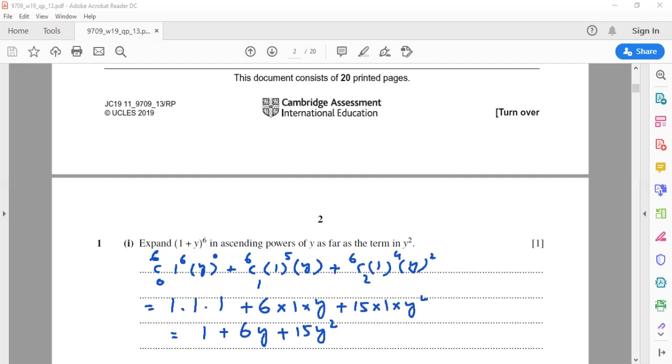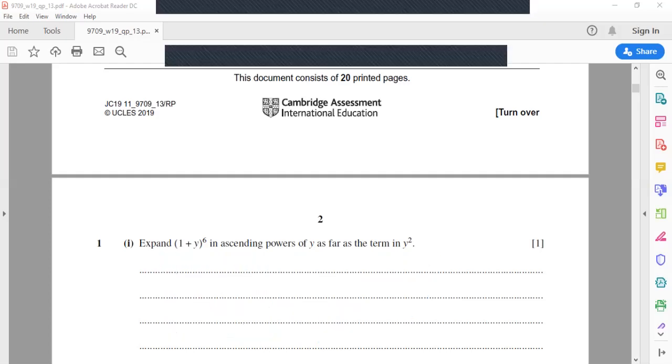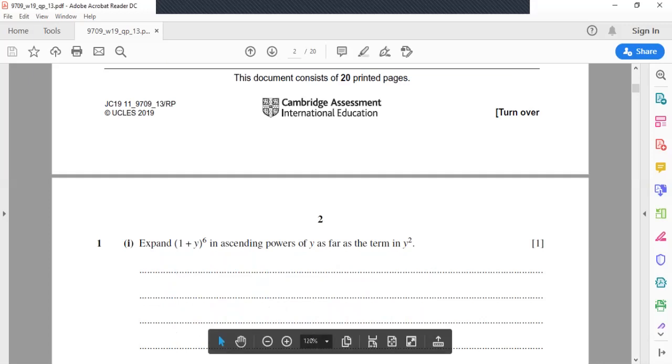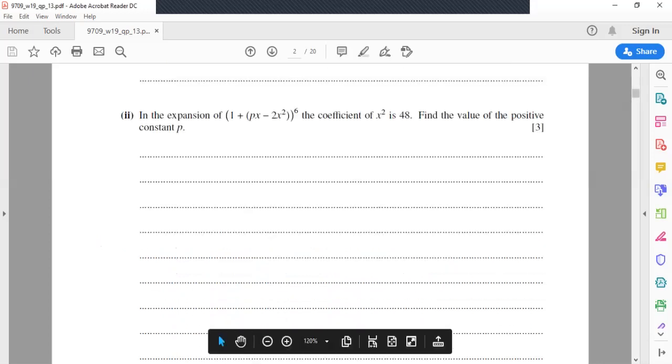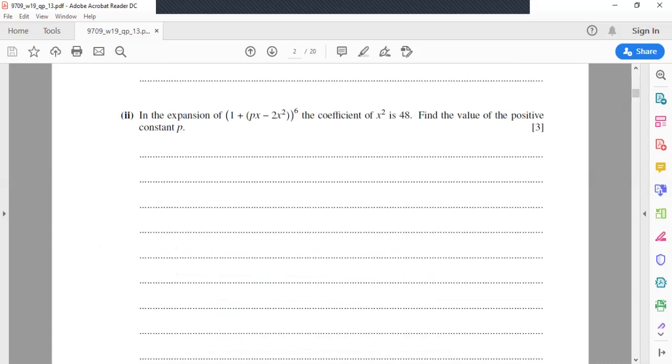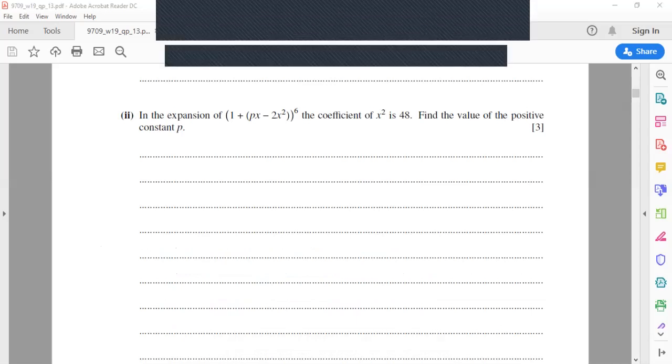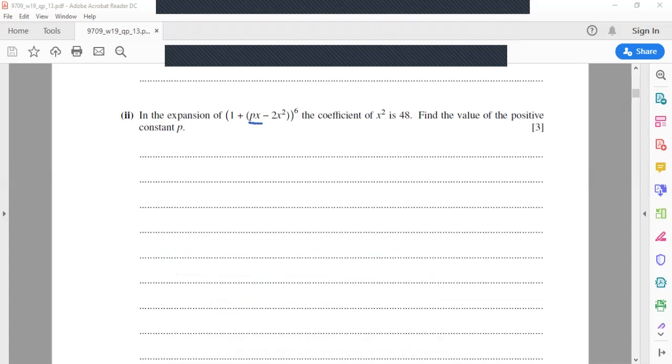Let's go for the next part. Here it says that in the expansion of this, the coefficient of x square is 48. Now if you see this term, this specific term is actually your y.